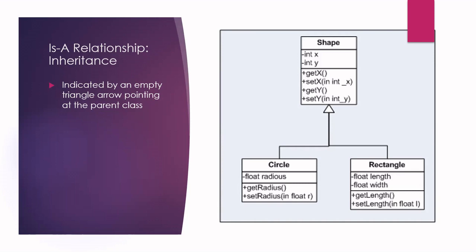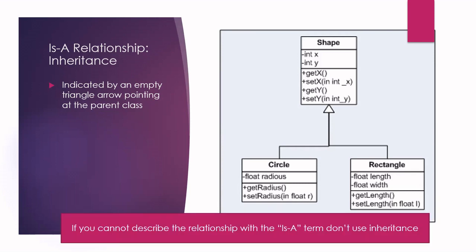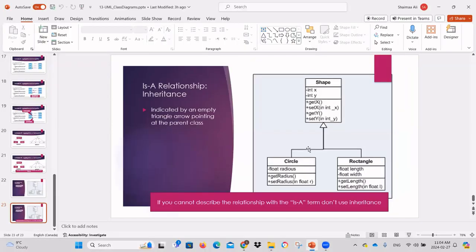It's a bad design. We're going to talk a little bit more about what it means to design a software system, but today we're just talking about the general notation of the most popular model, which is the class model. All right. Now, if you can't describe the relationship with the "is a" notation, then don't use inheritance.